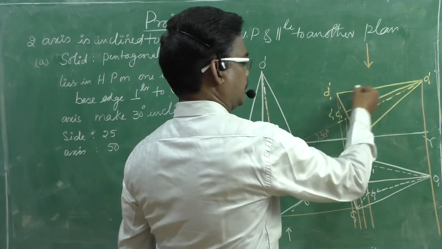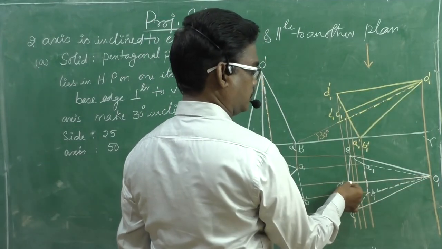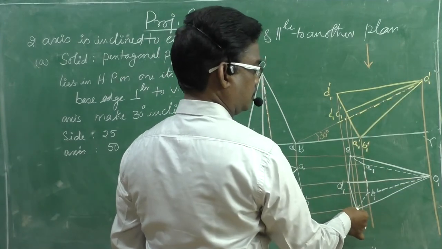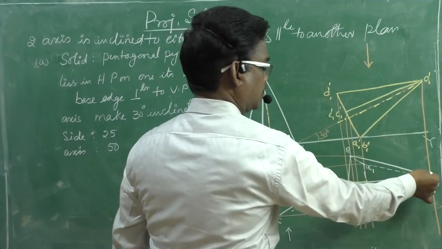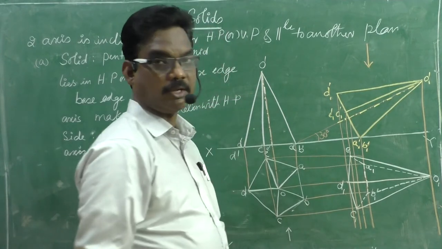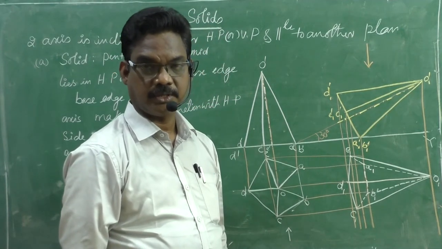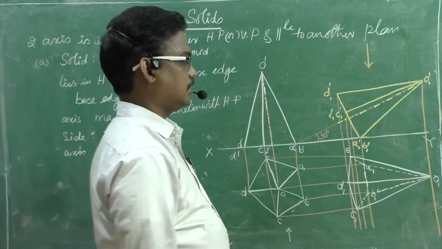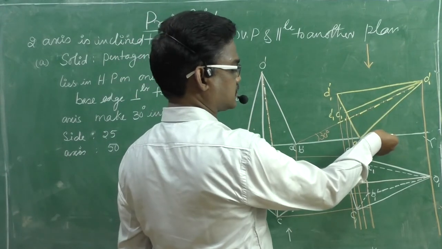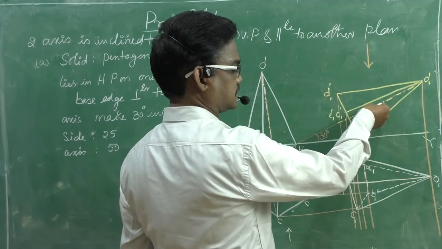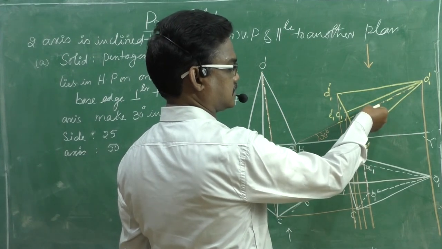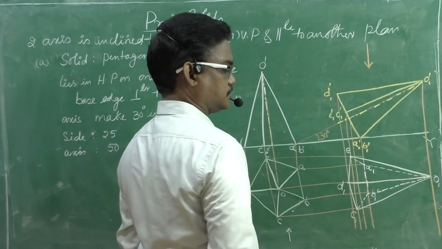That means OD visible, OC visible, OE visible. Next one. The lines which are in between the reference line and the axis, these lines are invisible.